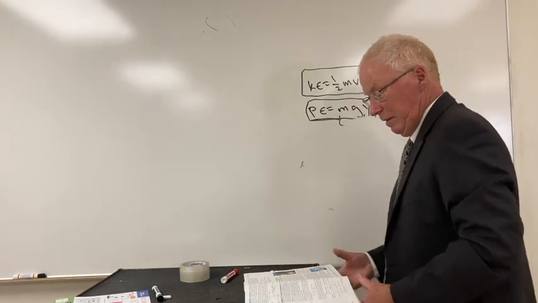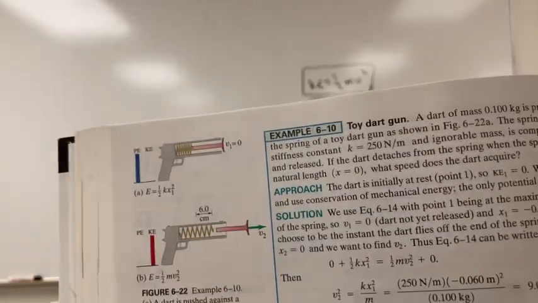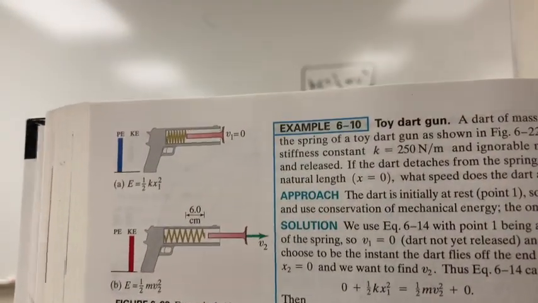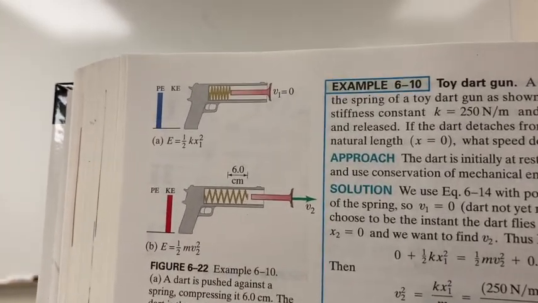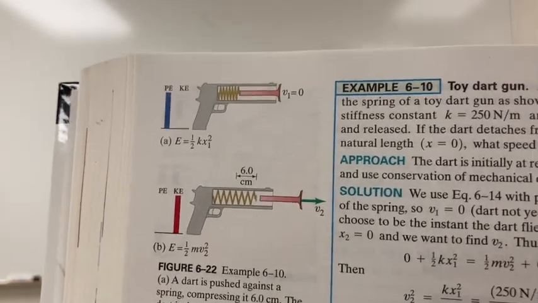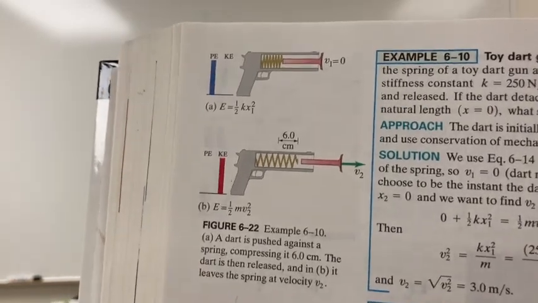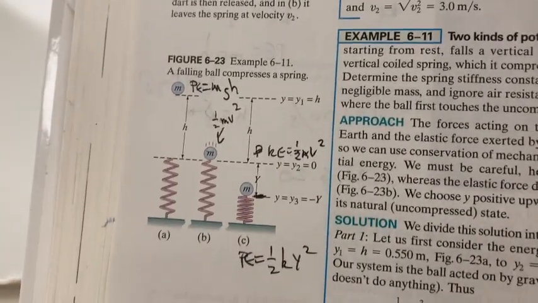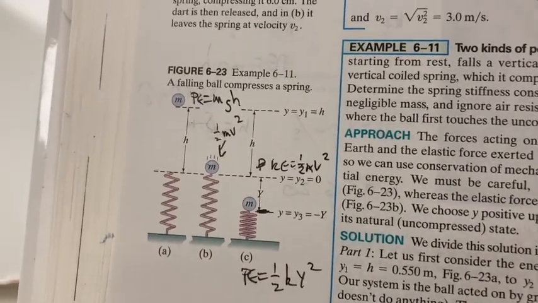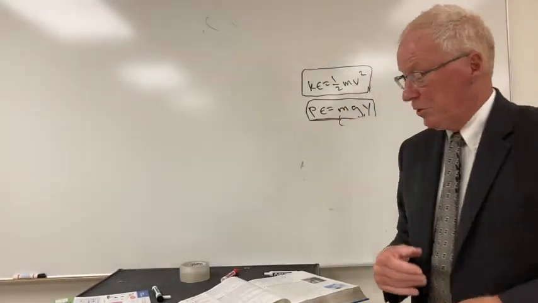The example here is like if you have a toy gun. You take a toy gun, push it in a certain distance x. It will have potential energy stored in there, and then when you fire it, it will go flying out. So this will be an example of a spring.